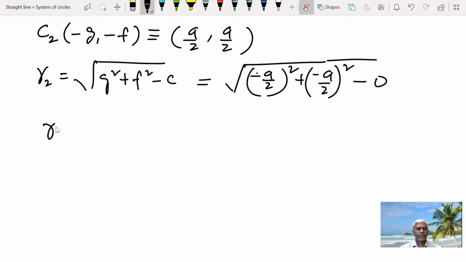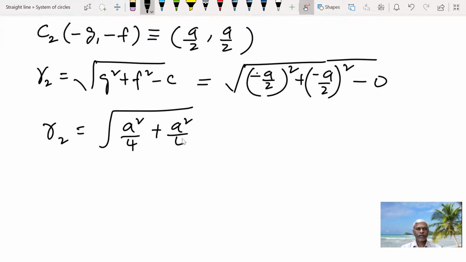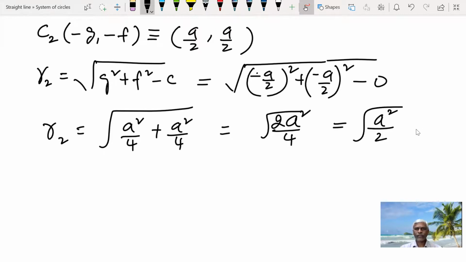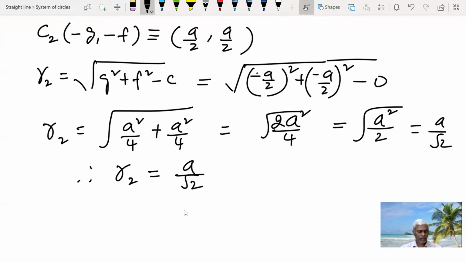So this is a square by 4 and a square by 4, that is 2 a square by 4, a square by 2, that is a by root 2. This is the radius of second circle, a by root 2.